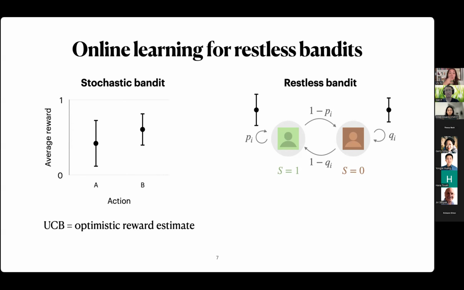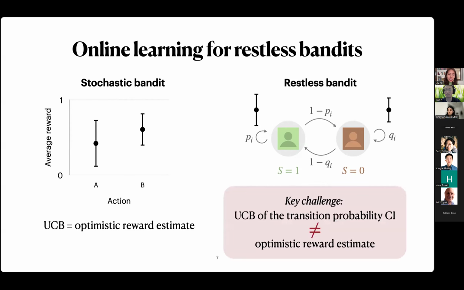So we can similarly maintain some kind of estimate, like we have observed so far that Pi is usually 0.7 and Qi is usually 0.4. And then we can maintain confidence intervals over that. But the key challenge is that if we apply a similar approach of using this principle of optimism in the face of uncertainty, the uncertainty is not over our reward estimates directly, but instead over a different parameter of the model that's not directly translating to a reward.